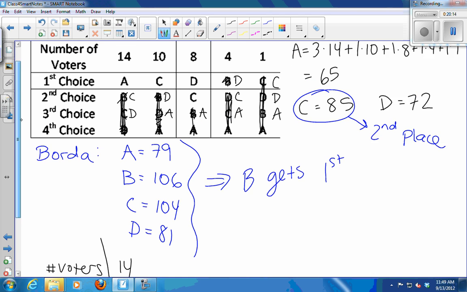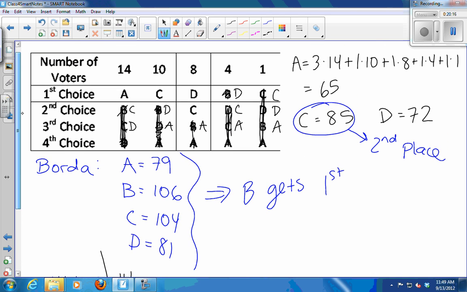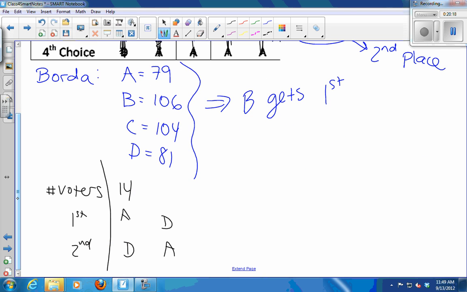So how many voters are there altogether? So that's 18, 22, 23, yep.